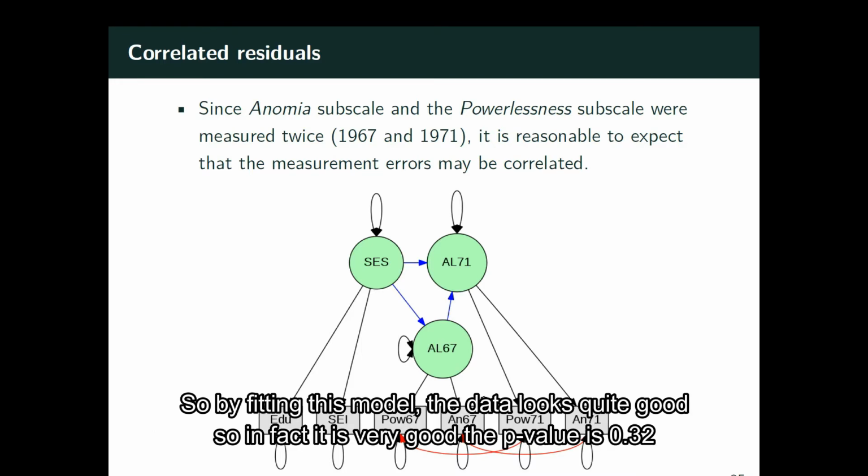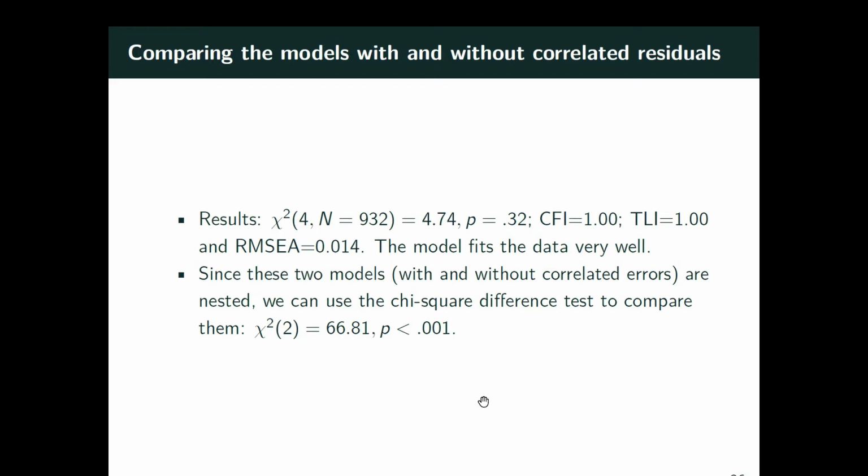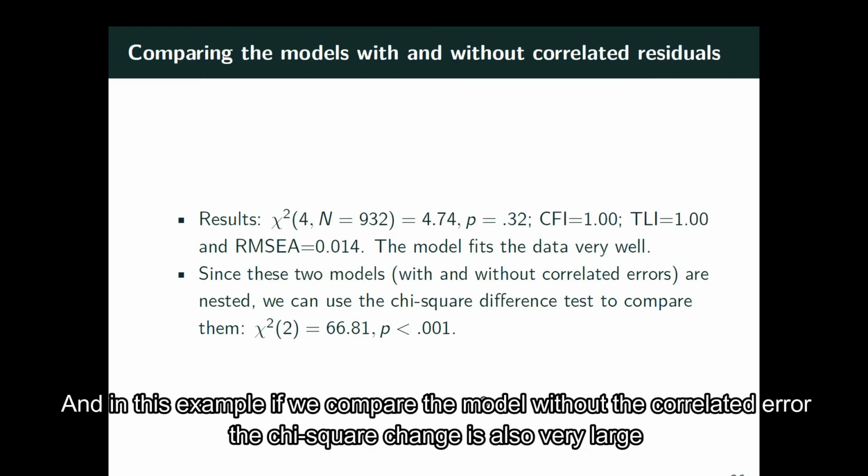Okay. So by fitting this model, the fit looks quite good. In fact, it's very good. The p-value is 0.32, so it is even non-significant. Okay, so all 3 indices are quite good. And in this example, if we compare with the model without the correlated errors, then the chi-square change is also very large.